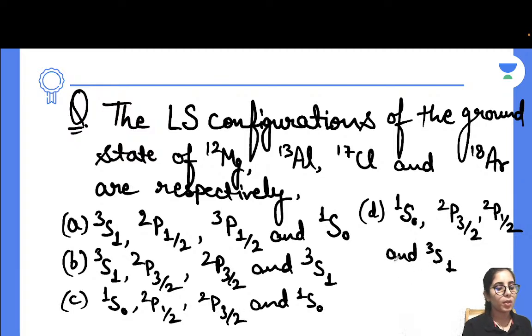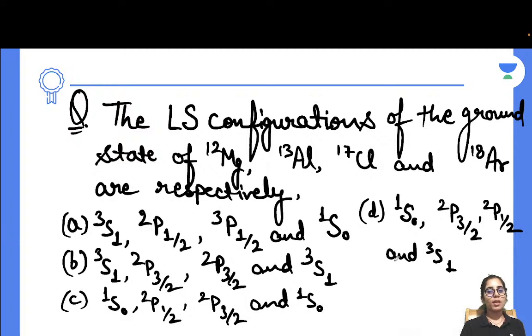Try it now, guys, and let me know what you think is the correct answer. The LS configurations of the ground state of 12 magnesium, 13 aluminium, 17 chlorine, and 18 argon are respectively what?